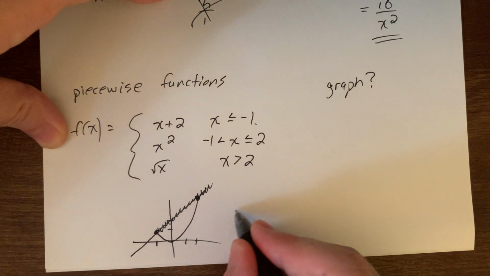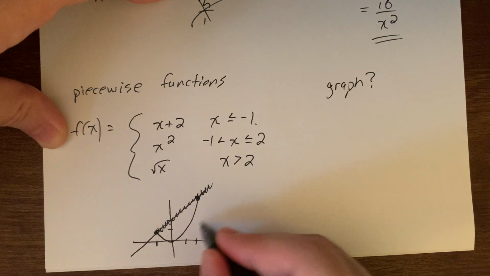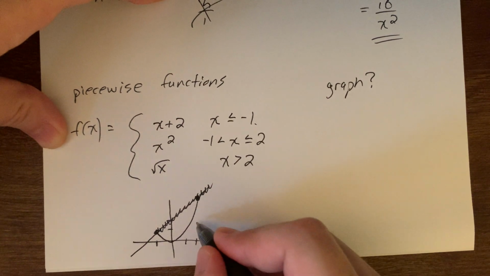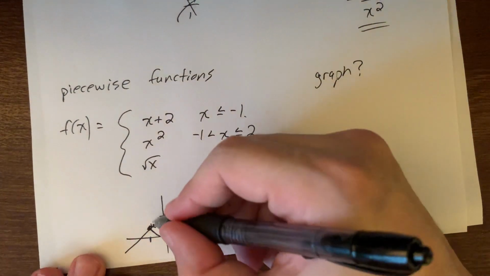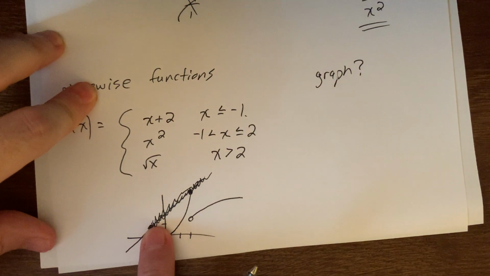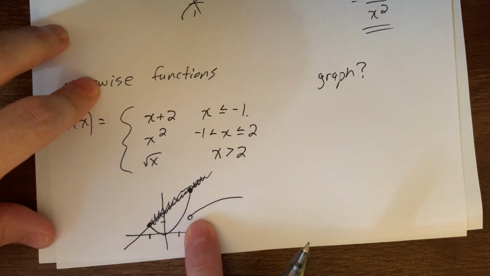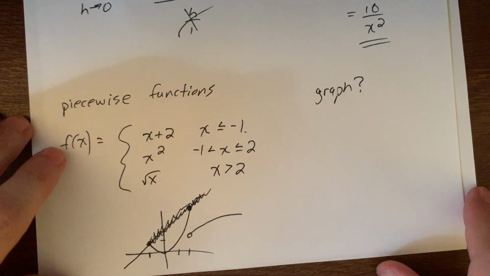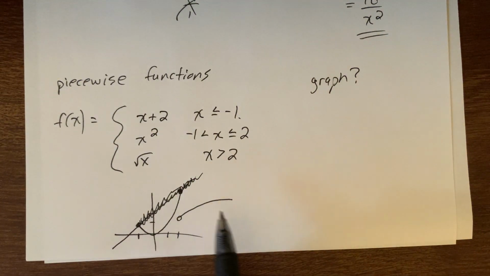It's a hook that comes out of the origin, but I don't want the whole hook. I only want the hook past x is 2. So I'd actually have an open circle right there, and that would be the continuation of my hook. So again, getting rid of this, that's my graph. I've got a straight line, then all of a sudden I jump into a U piece, and then I've got a big jump over here. So it's got a lot of action because it's got these separate pieces.